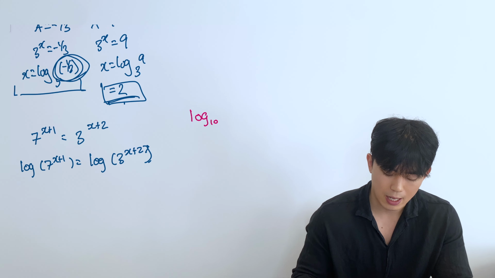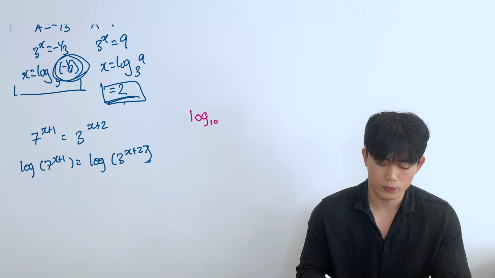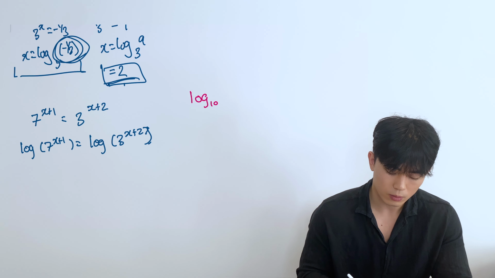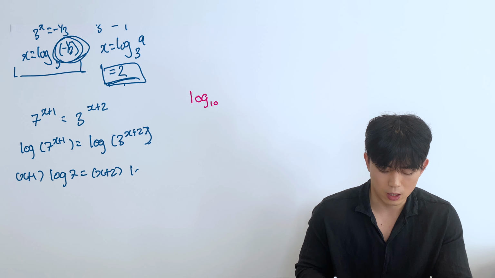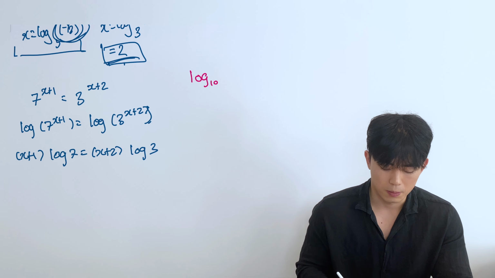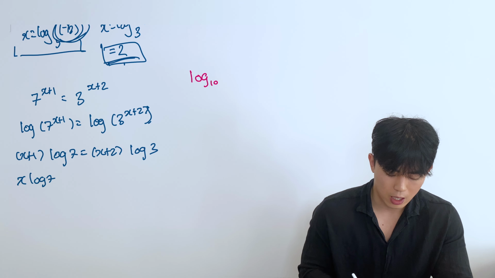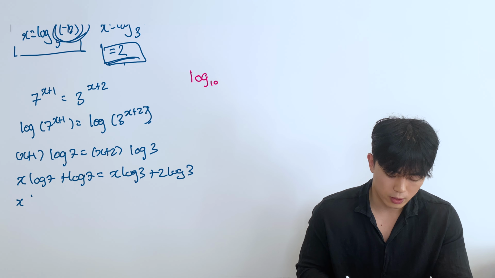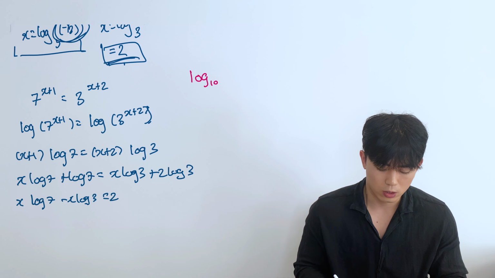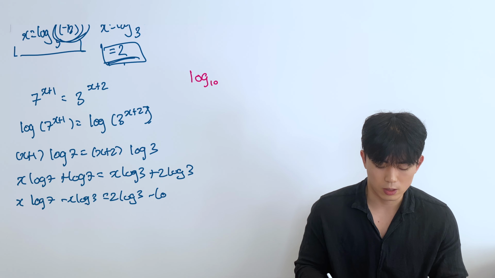So in this case, now I can use the index rule, and I can say that, well, x plus 1 times log 7 is equal to x plus 2 times log 3. Multiplying out the brackets, x log 7 plus log 7 is equal to x log 3 plus 2 log 3. Moving all the x's to one side, x log 7 minus x log 3 is equal to 2 log 3 minus log 7.